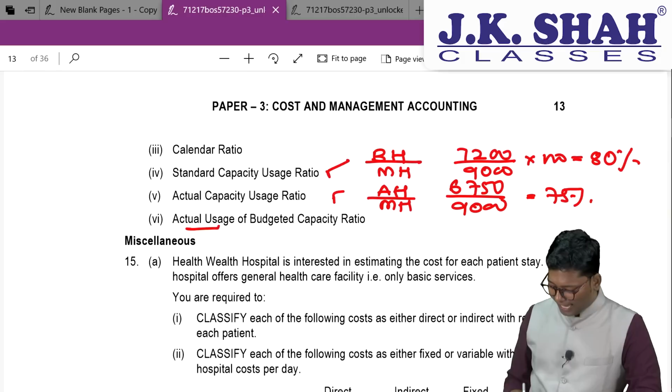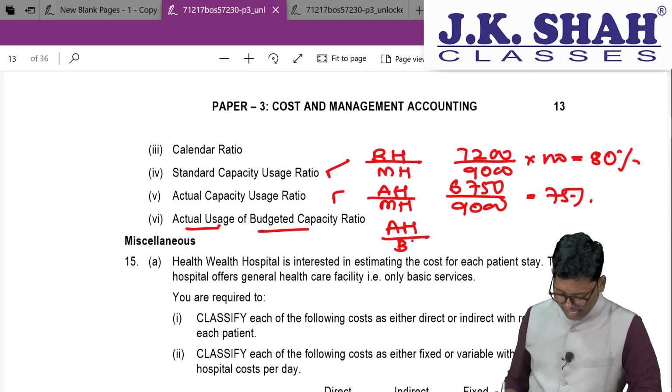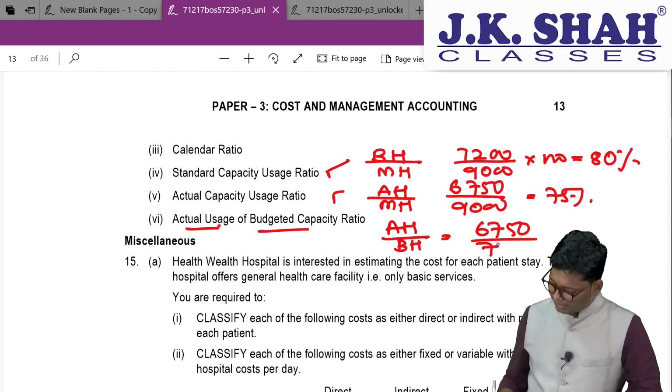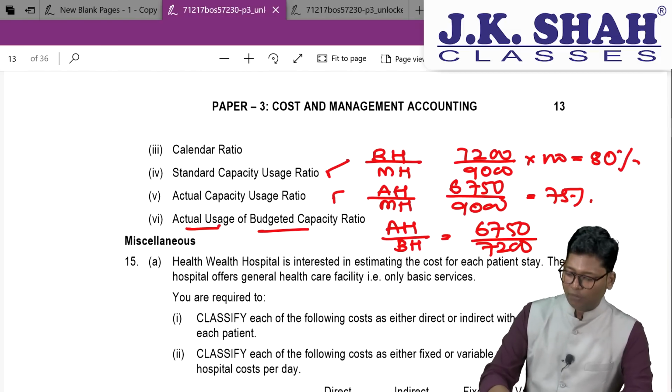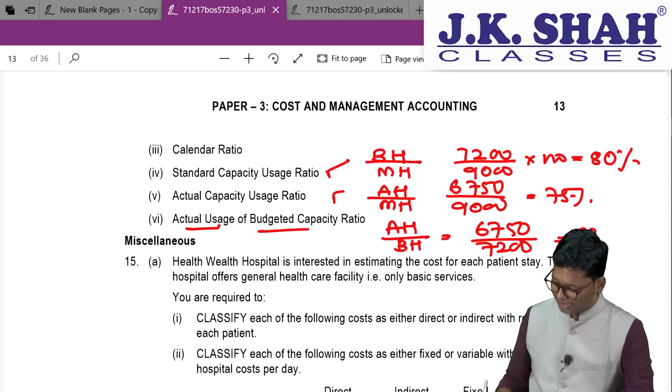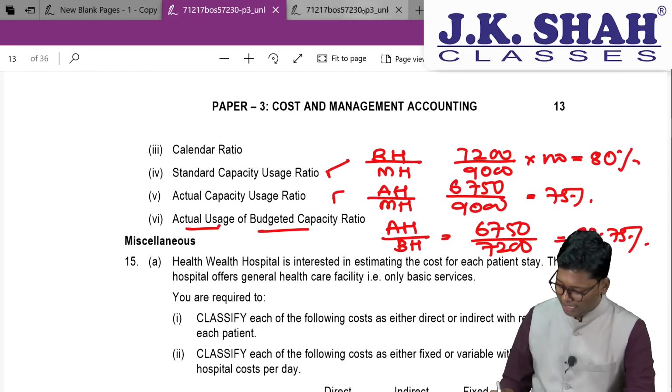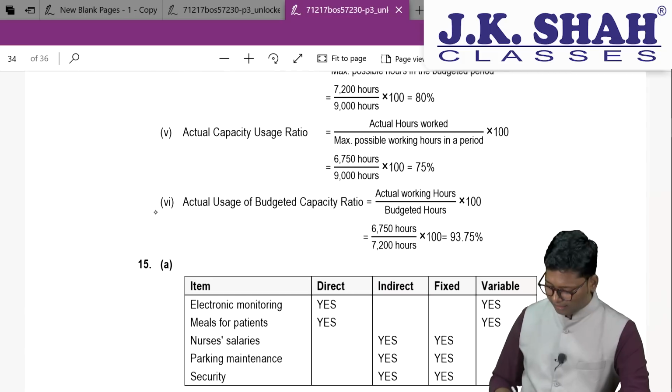And finally, actual usage of budgeted capacity is the comparison of actual hours and budgeted hours. My actual hours are 6,750, my budgeted hours are 7,200, so I am comparing my actual performance with my budgeted capacity, which is 93.75%, and here is my answer.